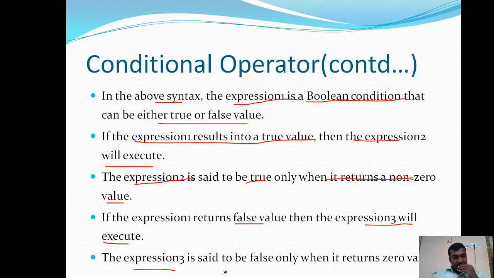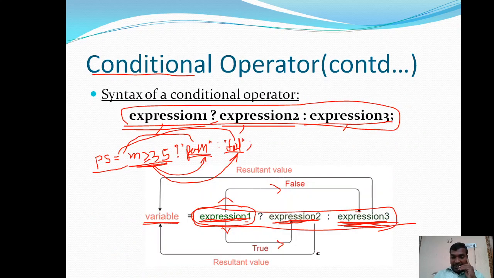The expression 3 is said to be false only if it returns zero value. So like this, here expression 1 must be a Boolean condition. Coming to expression 2 and expression 3, they may or may not be a Boolean statement. It may be anything. It may be a normal statement, an arithmetic statement, a string statement, a print statement, or whatever it is.